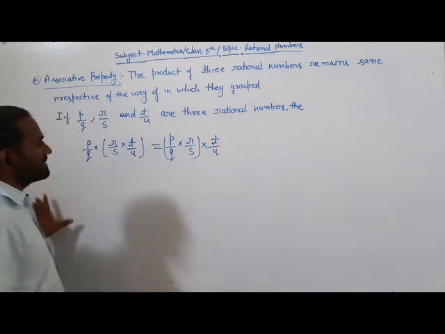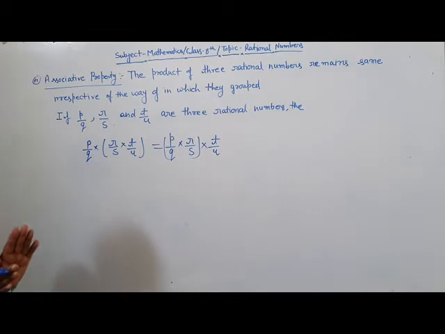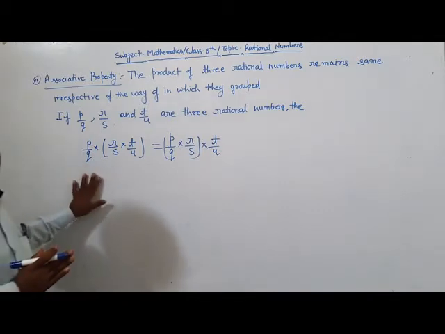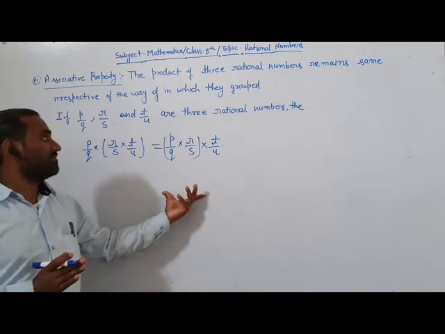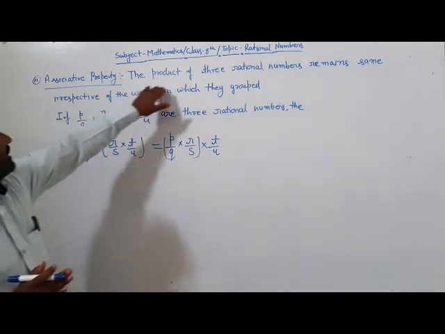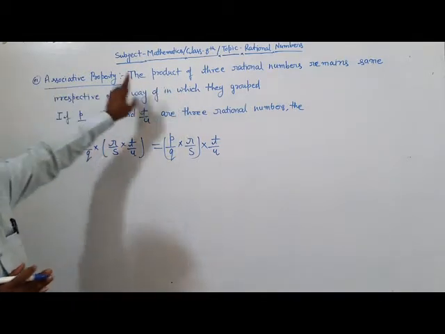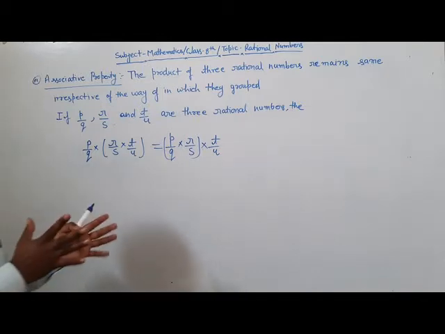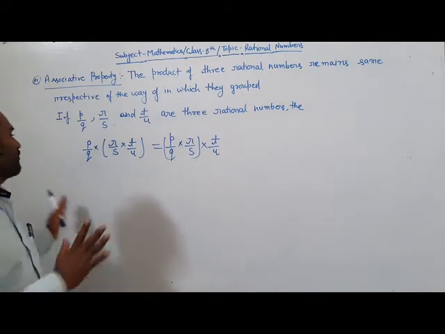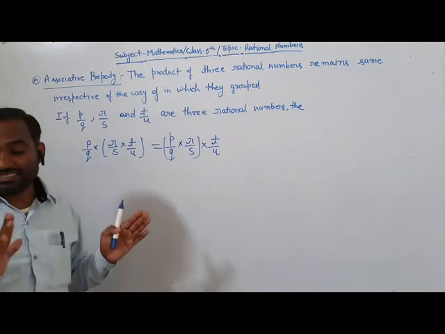In both cases, the order of grouping changes, but the product of the rational numbers remains the same. This is the associative property. In associative, the product of rational numbers remains the same irrespective of the way in which they are grouped, but the product is same.